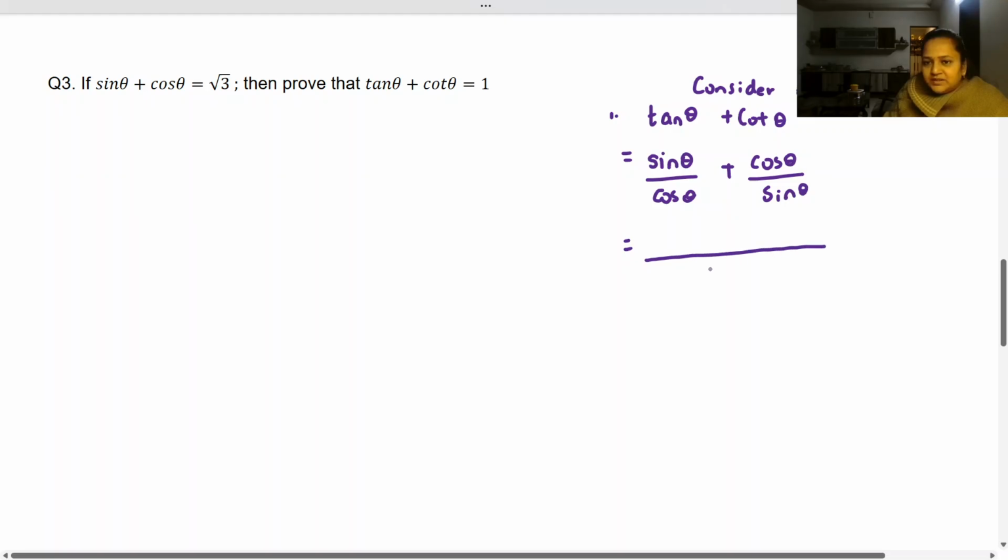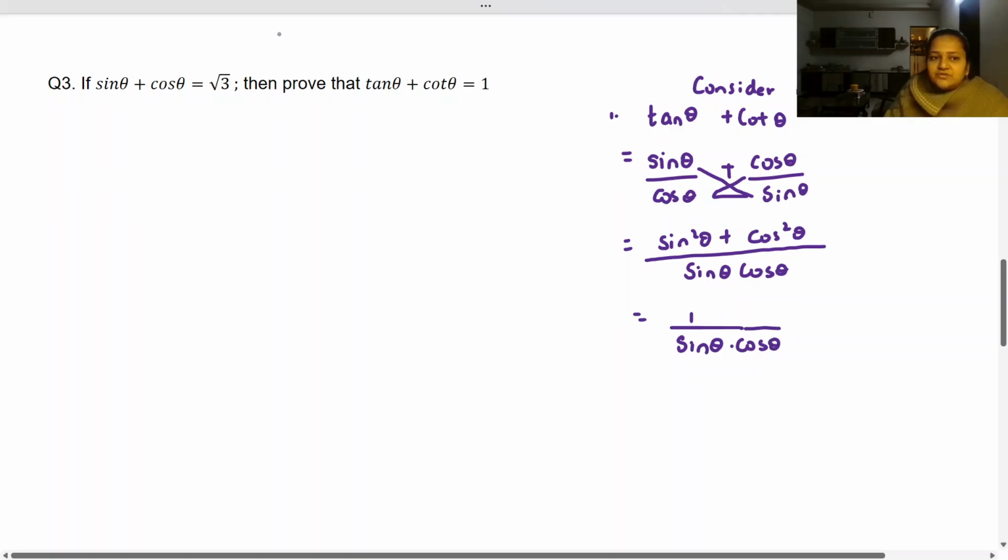What is the LCM going to be? The LCM is going to be sine theta cos theta. So we have a sine square over here, a cos square over here, and in the denominator we already have sine theta cos theta. Right? What is sine square plus cos square? 1 upon sine theta into cos theta.